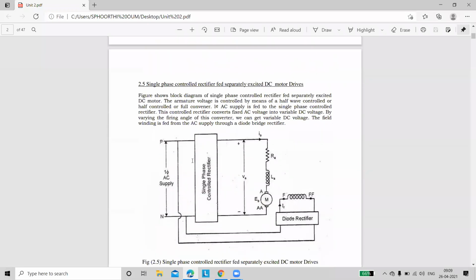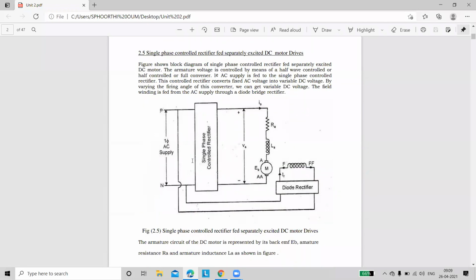Next is our previously completed topic, the single phase controlled rectifier layout fed to a separately excited DC motor. From next onwards, we have to discuss self-excited DC motor drive also. Initially, we are discussing the separately excited DC motor drive.